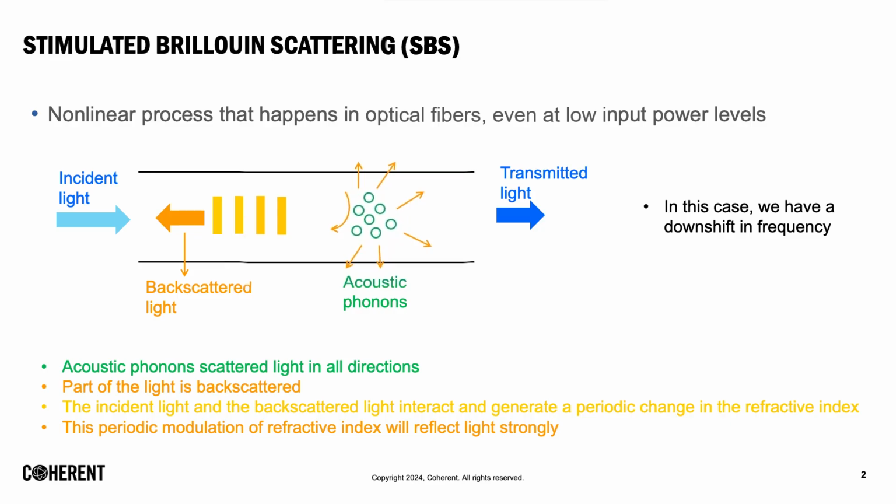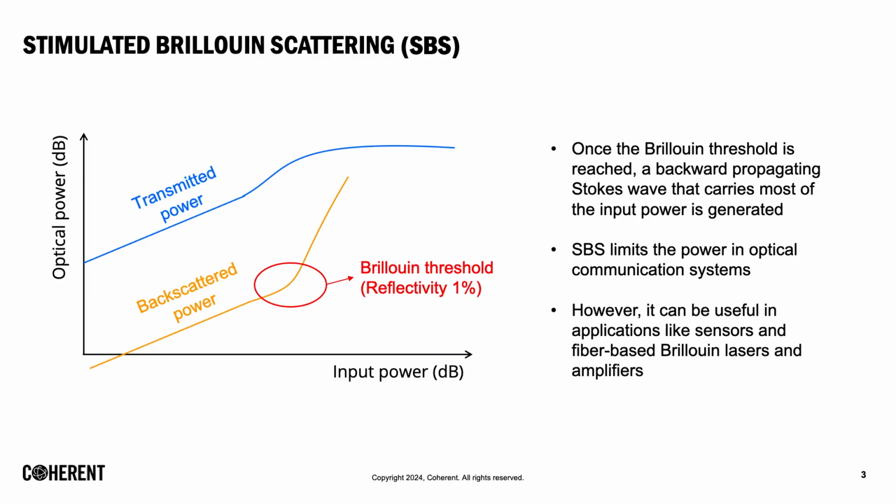This interference is moving from left to right, so it corresponds to a downshift in the frequency. In other words, scattered light is downshifted in frequency because of the Doppler shift associated with a grating moving at the acoustic velocity.